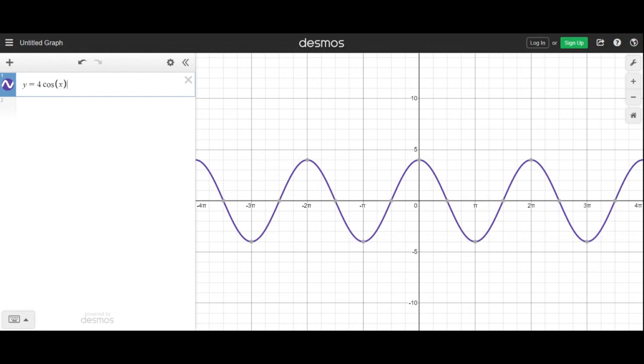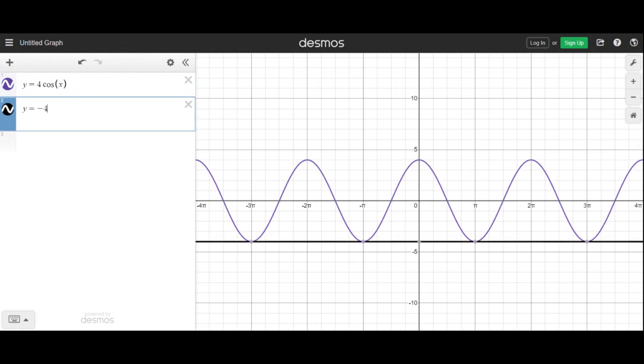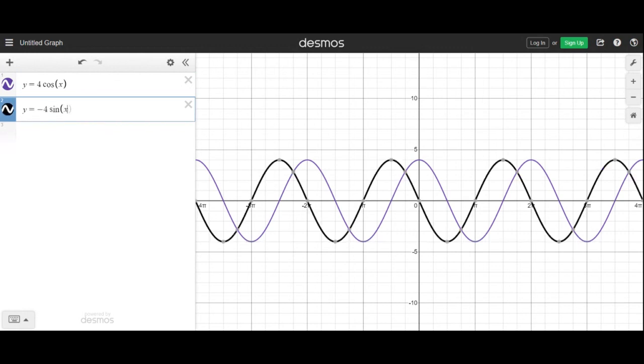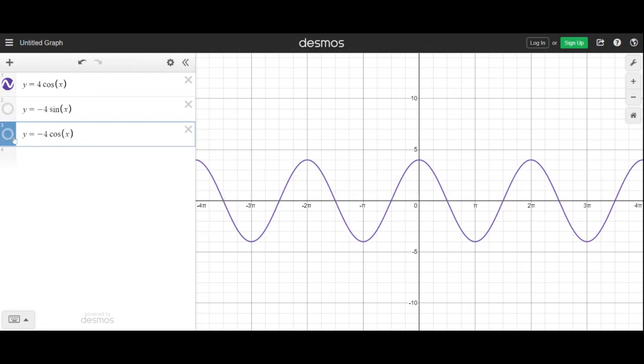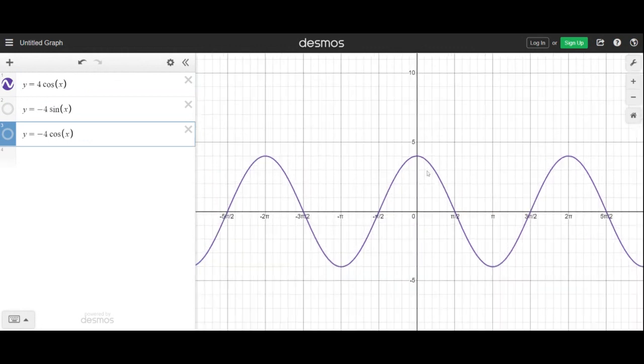That's what our position function looks like. I'll graph the other 2, then turn one off: negative 4 sine of x, and y equals negative 4 cosine x. In order, the top one is our position function, the next one is our velocity, and the last one is our acceleration.